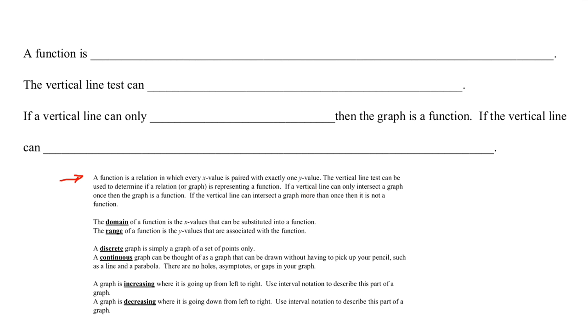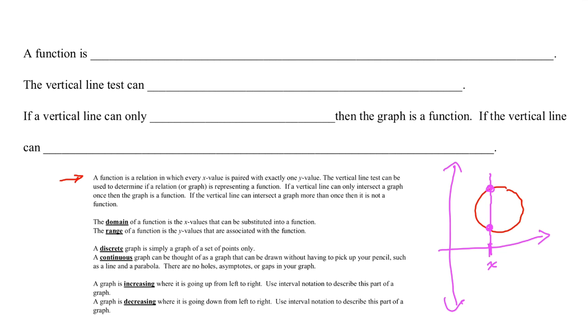Now, an example, a circle is not going to be a function because the x value, like for example, if you had a graph right here, this x value has two y values. And so since your x value is paired with more than one y value, that would make it not a function.